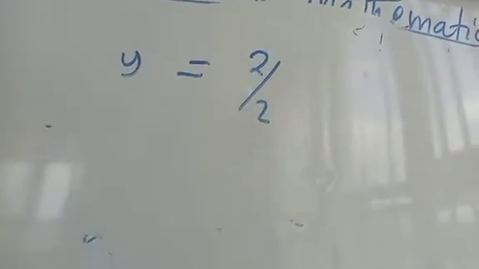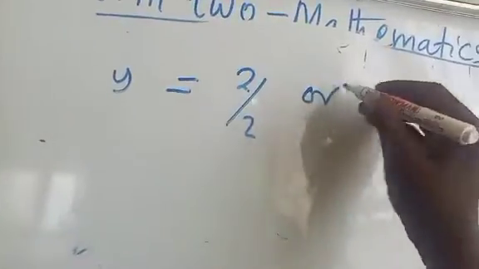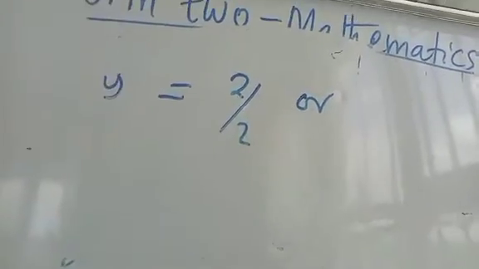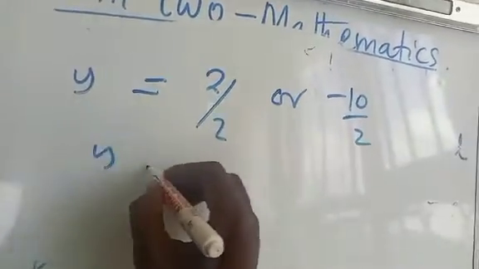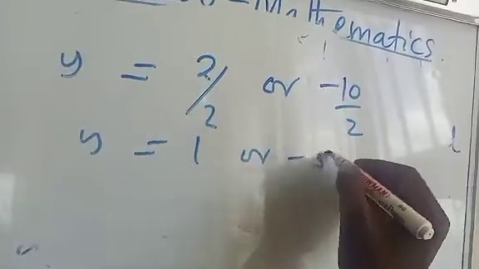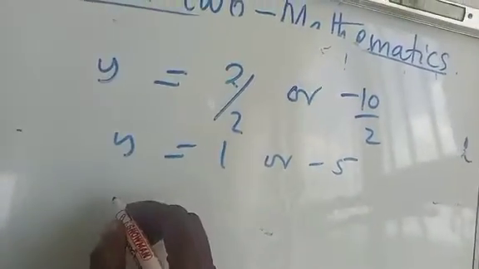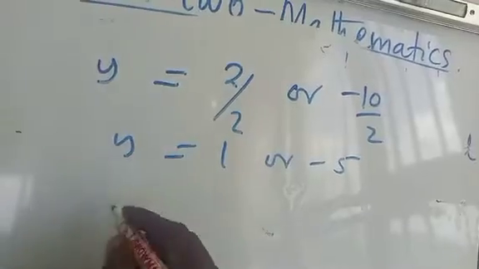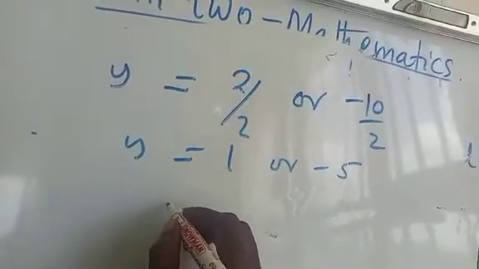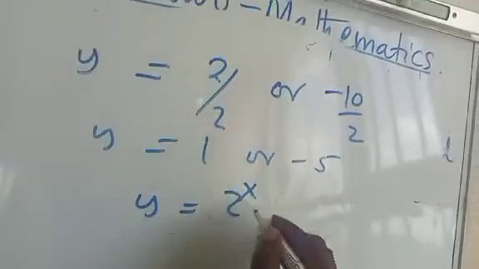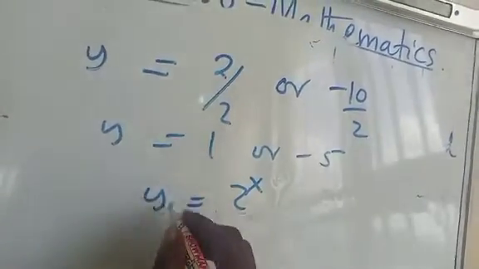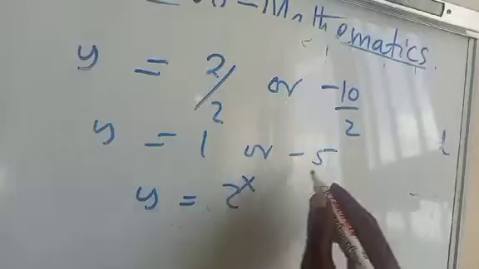So 2 divided by 2, or negative 4 minus 6, which is negative 10 divided by 2. So y will be equal to 1 or negative 5. Remember, we let y = 2^x. So we found y is equal to 1 or negative 5.